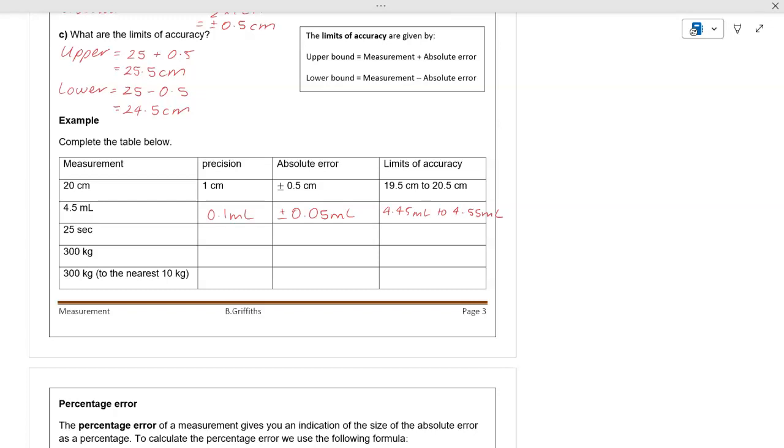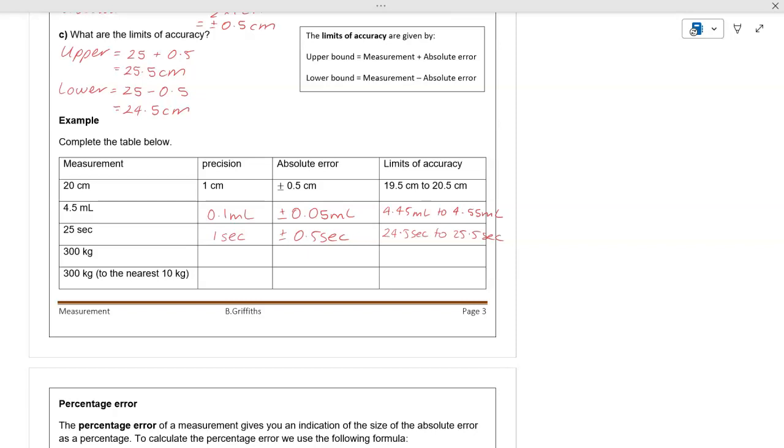Now I've got 25 seconds, so there's no decimals, so my precision is just 1 second. My absolute error is half of 1 second, plus or minus, so 0.5 seconds. Then my limits of accuracy are going to be half our absolute error below and our absolute error above. So 24.5 seconds to 25.5 seconds.